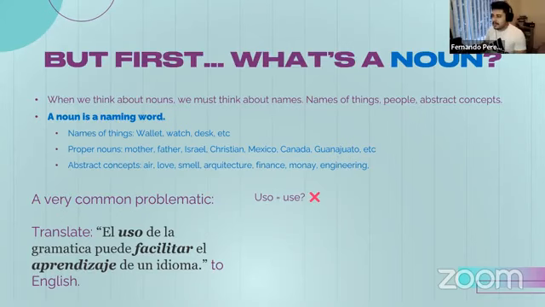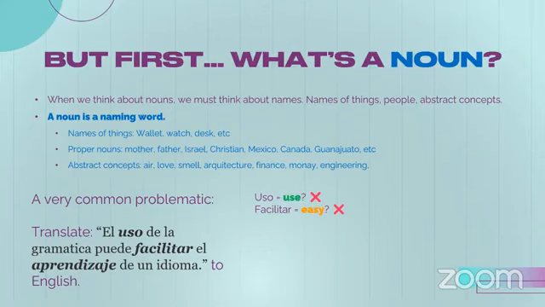And the other problem is facilitar. Facilitar comes from fácil, so facilitar is easy. That's also incorrect. Easy belongs to an adjective. And use is a verb. You see?